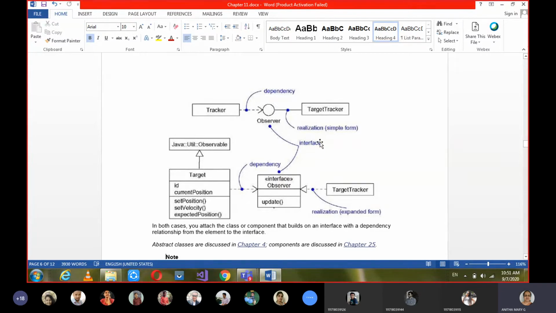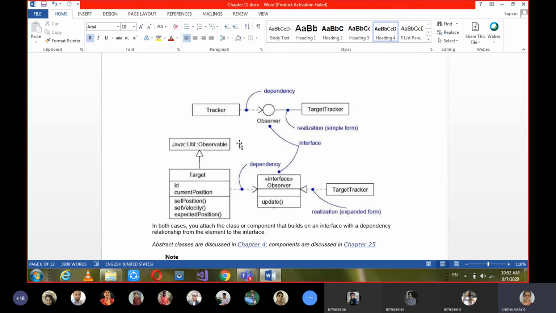In this example we show dependencies, associations, and realizations. This is how we can relate the different kinds of relationships among interfaces.